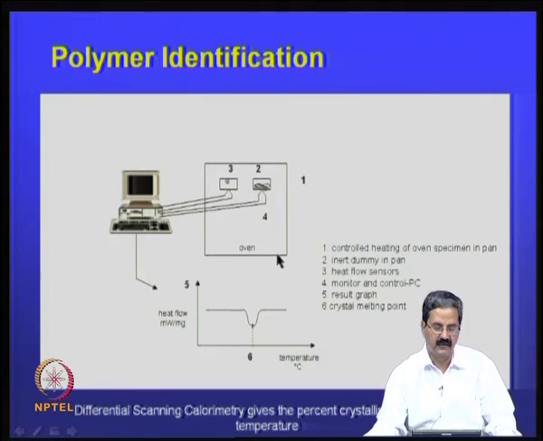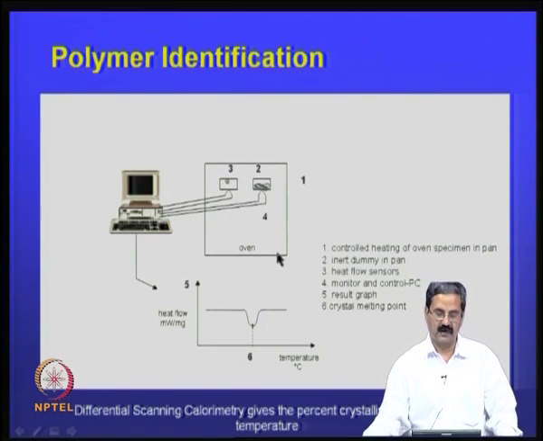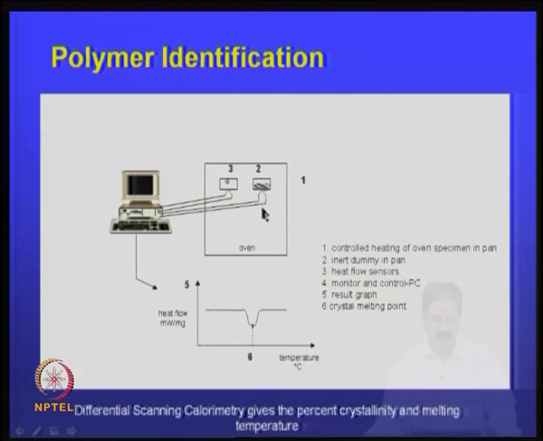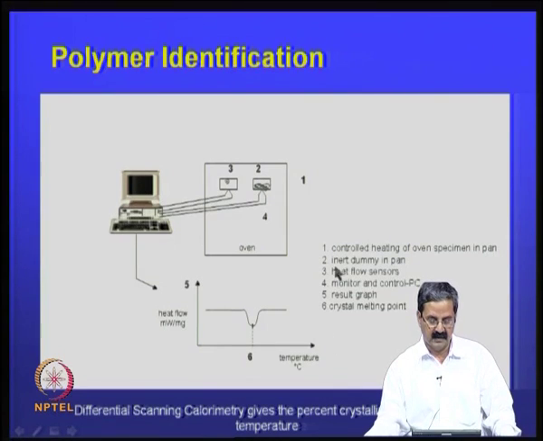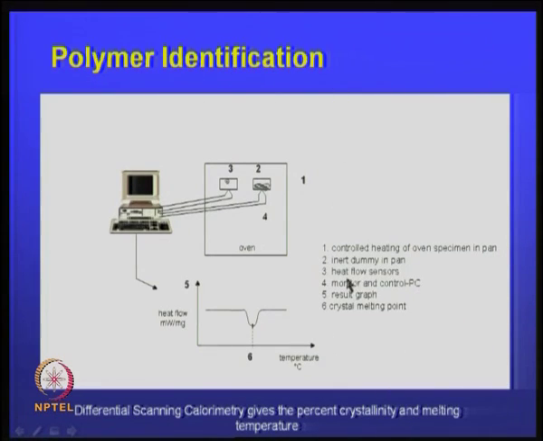If you want to identify the polymers, there is a test called differential scanning calorimetry, in which you have a sample here, then you heat it with a controlled heating. As you raise the temperature, the heat flow is monitored as a function of temperature, and depending on the type of polymer, there are certain signatures.